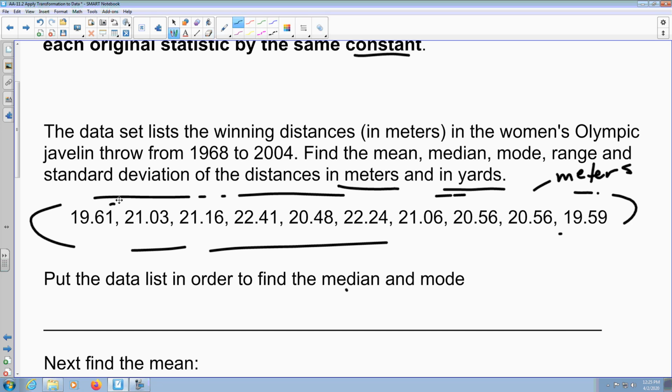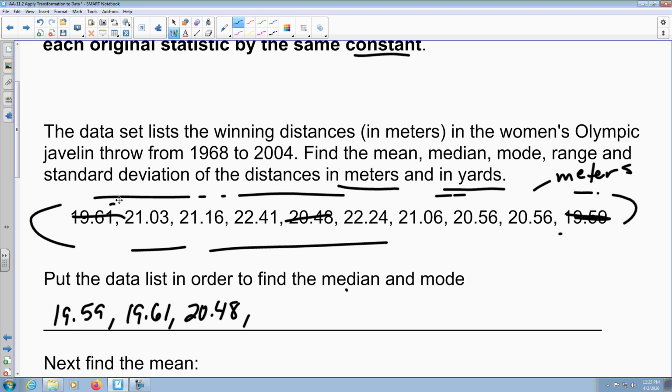So the smallest one is 19.59. Cross that out. 19.61. Cross that out. The next one is 20.48 here.